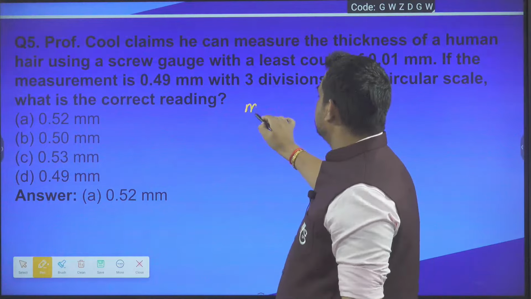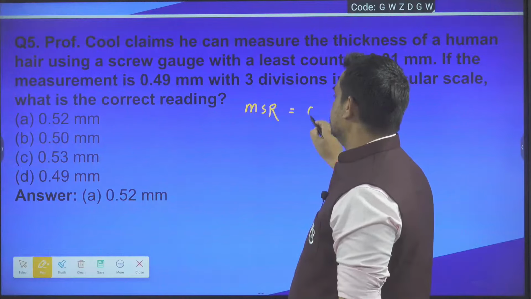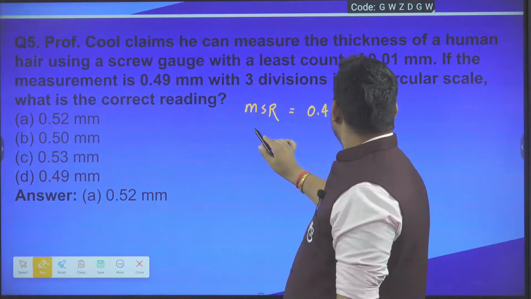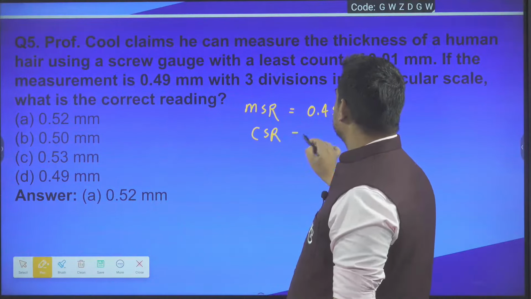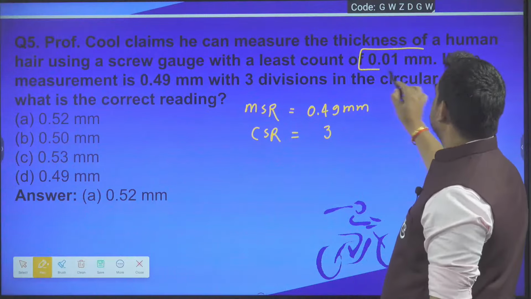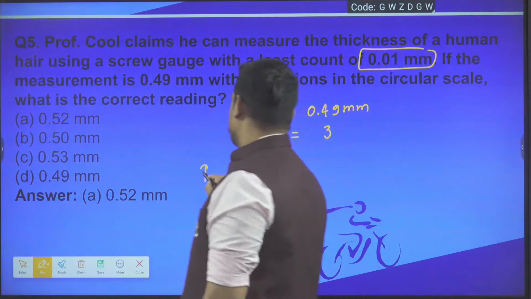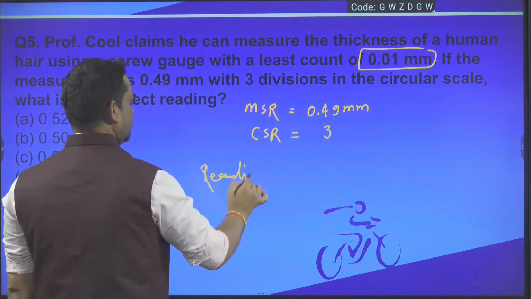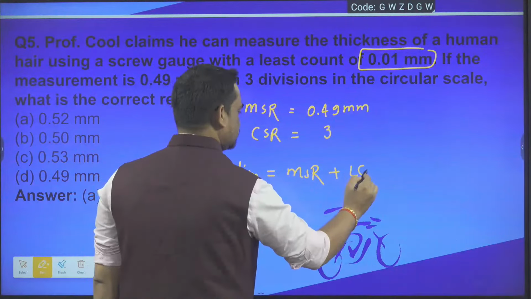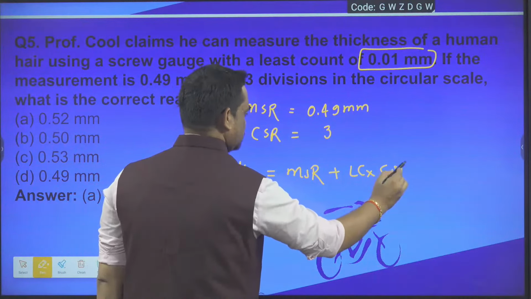So we can say the main scale reading is 0.49 mm, and the circular scale reading is 3. Least count is given here as 0.01. The reading formula is all the time: main scale reading plus least count into CSR.